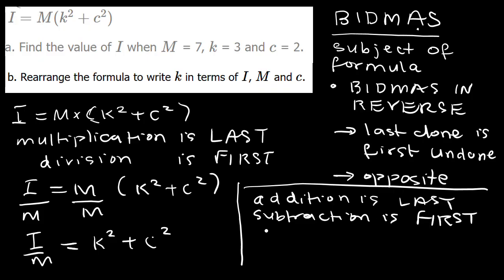So we're going to subtract because we want to make k the subject, which means we have to make k by itself. So we're going to subtract c squared on both sides.